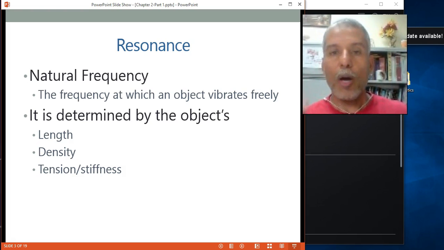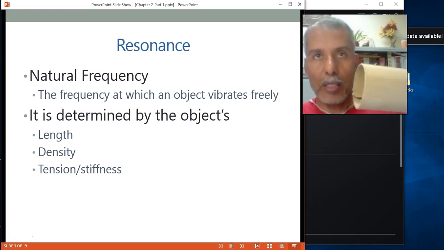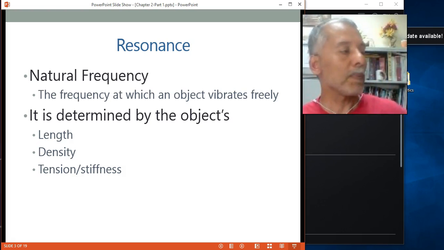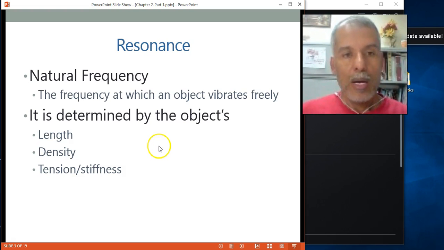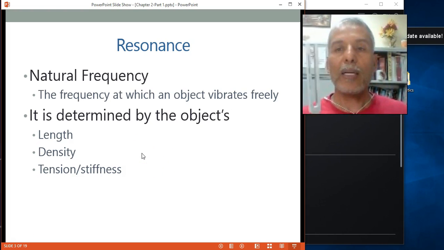So again, we do not know the natural resonant frequency of an object until we measure it using a machine. It is determined by length, density, tension, and stiffness. Let's take, for example, this tuning fork.